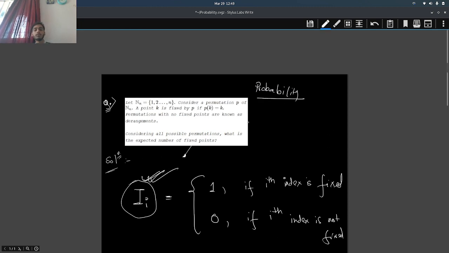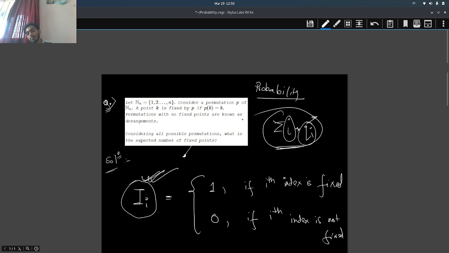If you had thought of solving it using the sum of i into q_i, where q_i is the probability that there are i fixed points in some permutation, then the question would have been a lot tougher, because finding the q_i value and then the summation is pretty tough.